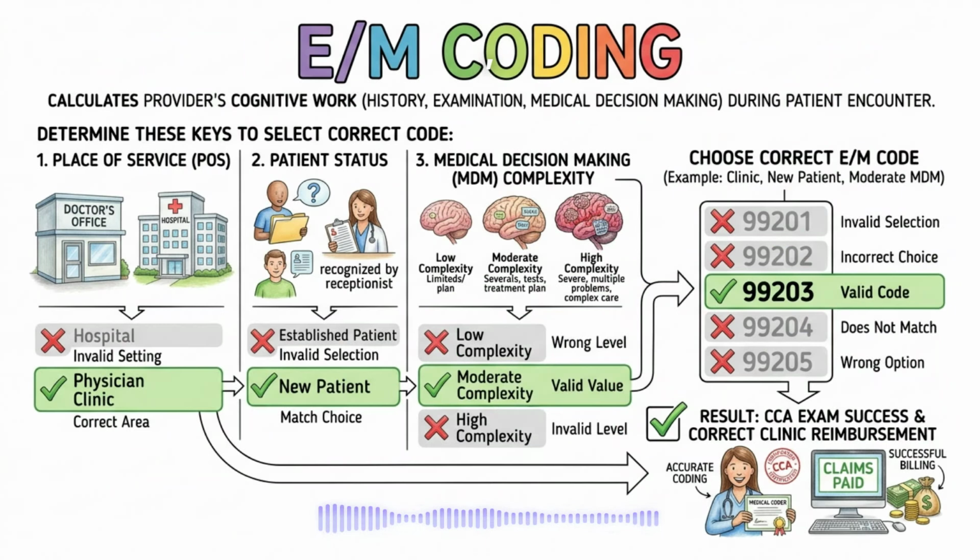To select the correct E&M code, you must determine the place of service, whether the patient is new or established, and the complexity of the medical decision-making involved.